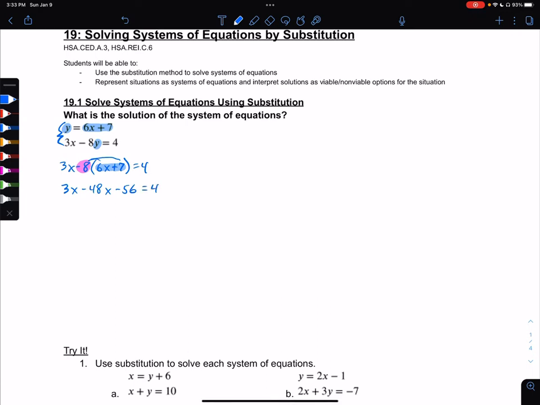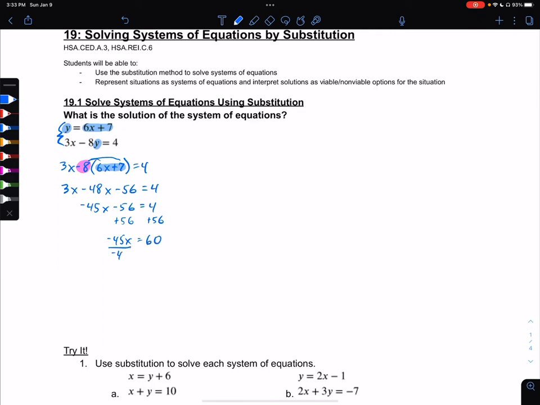So we would continue from here, solving this as we would solve any equation. Combine like terms: 3x minus 48x will be negative 45x, minus 56 equals 4. I would then add 56 to each side. Get negative 45x equals 60.